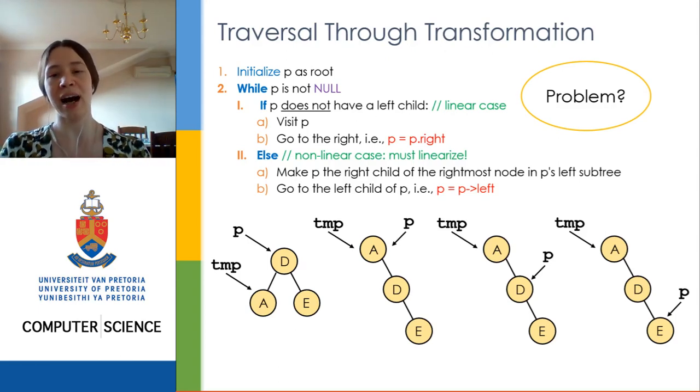So clearly, after you've stretched it out, you can't just leave it at that. You probably have to somehow put this tree back together into its original form. So let's modify this algorithm to allow us to traverse the tree and also make sure that it comes back to its original shape once we are done with it.